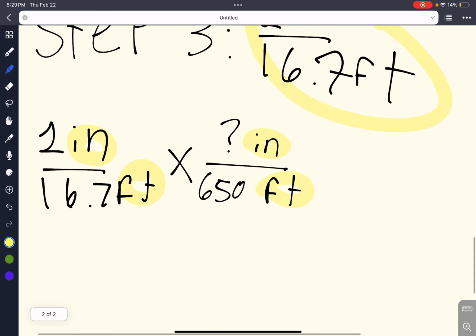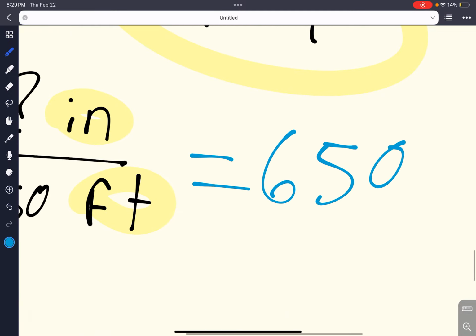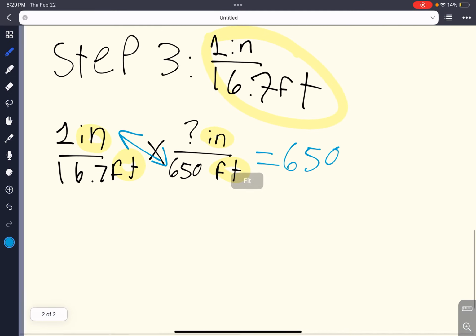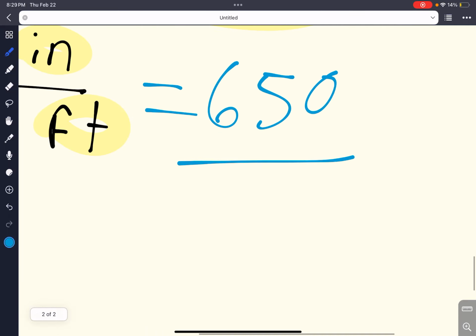So now, to solve this one, we're going to go 650 times 1, which would equal 650 feet. And then you're going to divide it by 16.7.